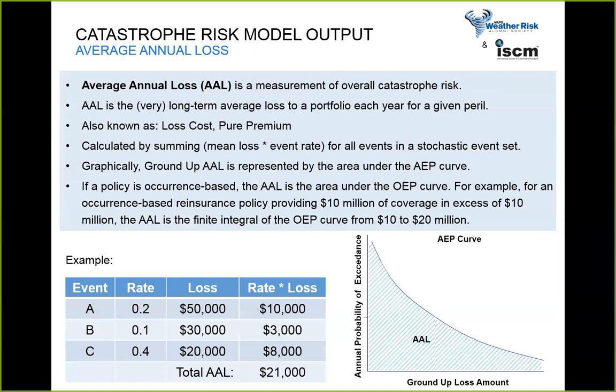So you can think of this, say we had our Miami beach house for 10,000 years or 100,000 years. The AAL would tell us what we would expect as an average loss to our house each year over that 10,000 or 100,000 year time period.